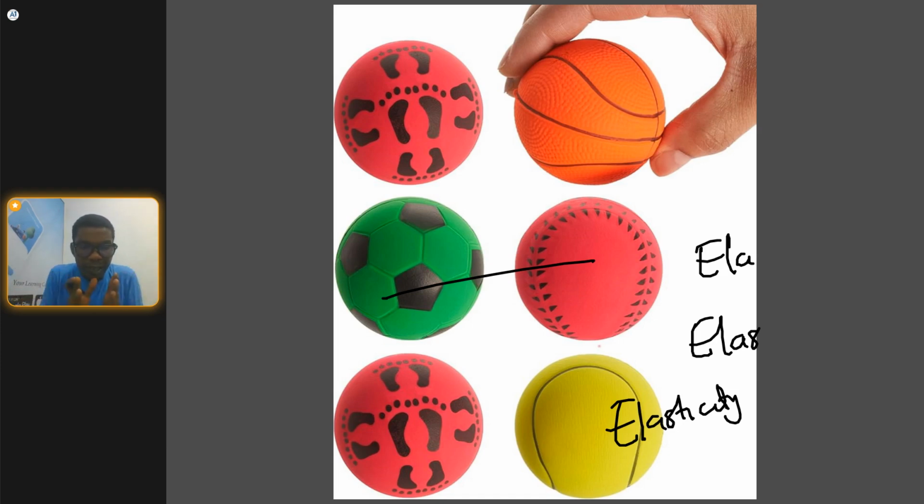Trying to compress that ball, you will see that the ball also will be producing a force that is pushing your hand backward. That force opposing your own force as you try to compress it, there's another force that is pushing your hand away. That is elasticity. Trying to compress an elastic material, there will be a force that is trying to push you backward.